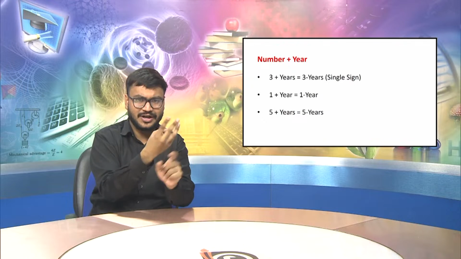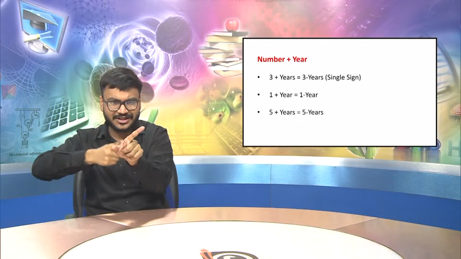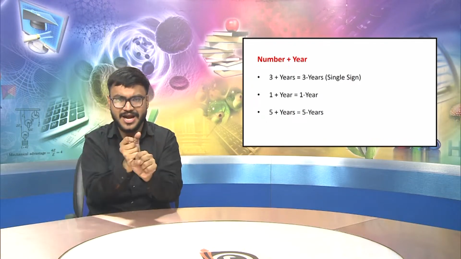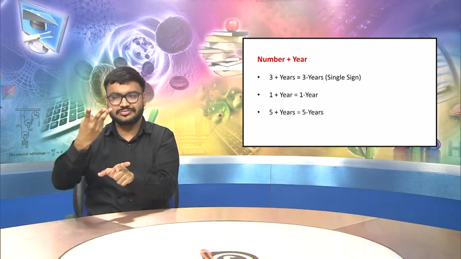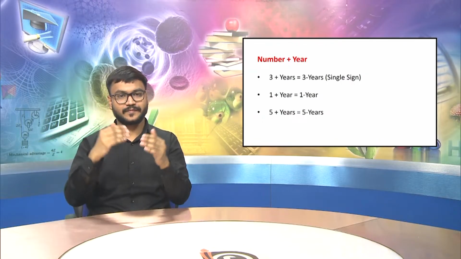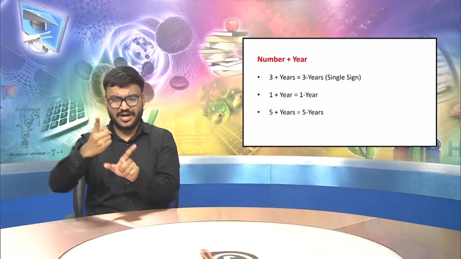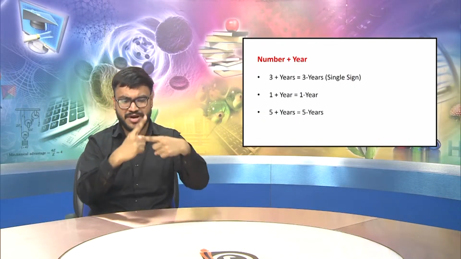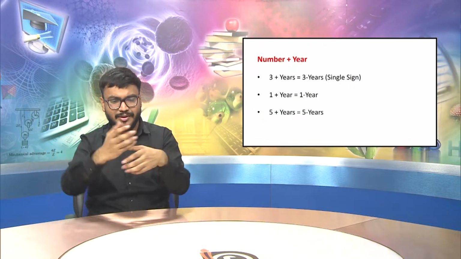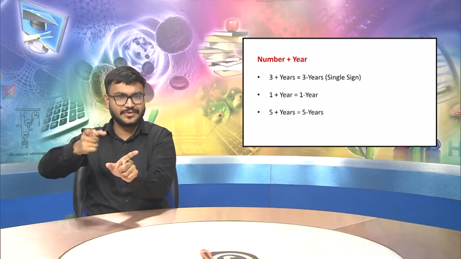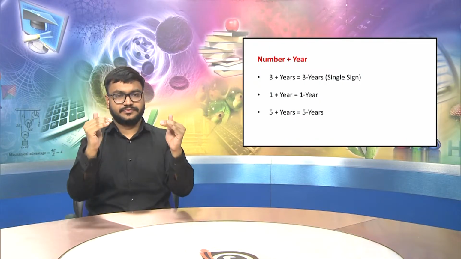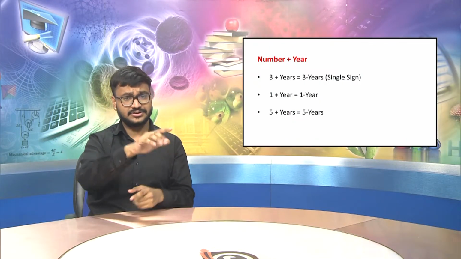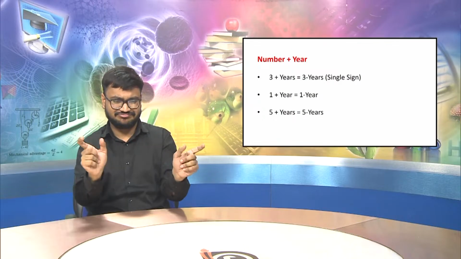For 3 years, we use the sign of 3, which is the number, and the sign of year. Combining that, we get the new word, which is 3 years. Same as for 1 year: 1 is the number and the year, so we get the new word, which is 1 year. Same as 5 years.